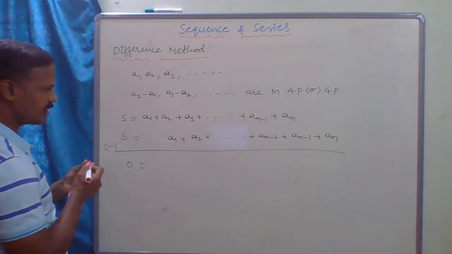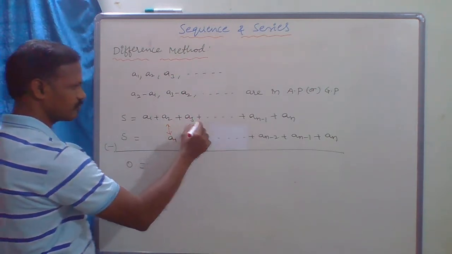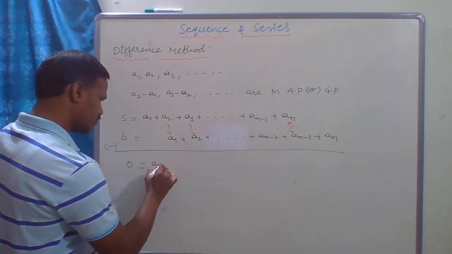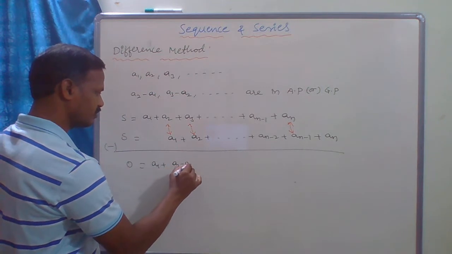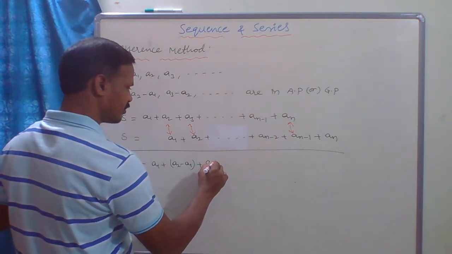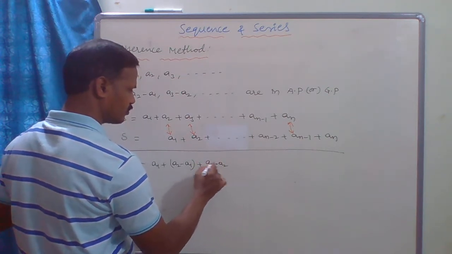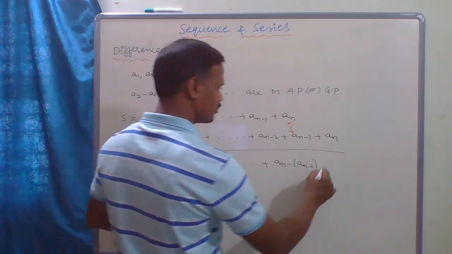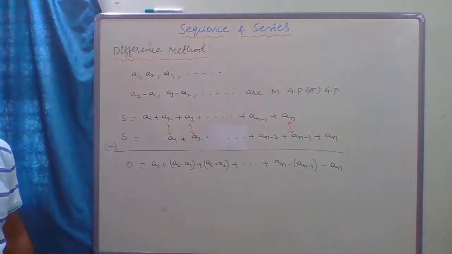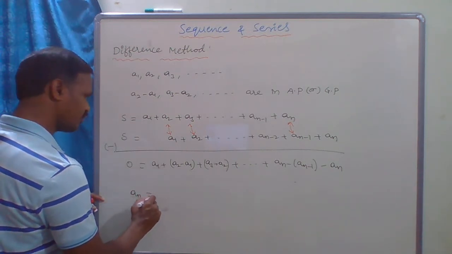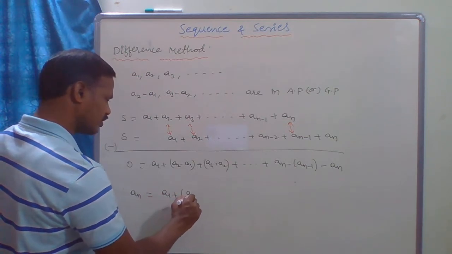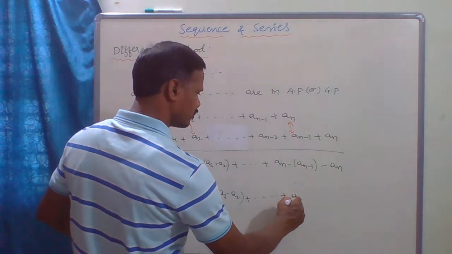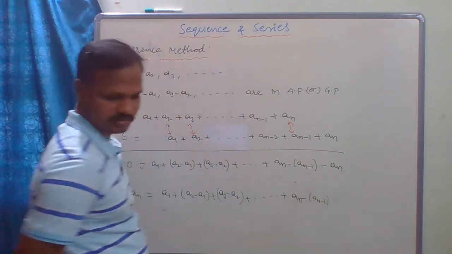See, the subtraction is like this: A1 plus (A2 minus A1) plus (A3 minus A2) plus so on, plus (A n minus 1 minus A n minus 2), minus A n. Clear? Therefore, the value of A n equals A1 plus (A2 minus A1) plus (A3 minus A2) plus so on, up to (A n minus A n minus 1). Clear?